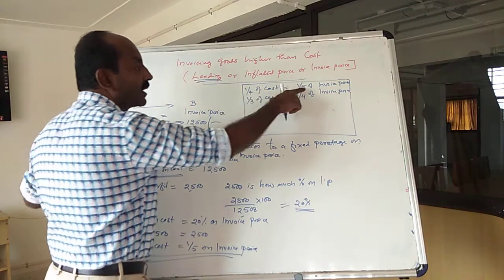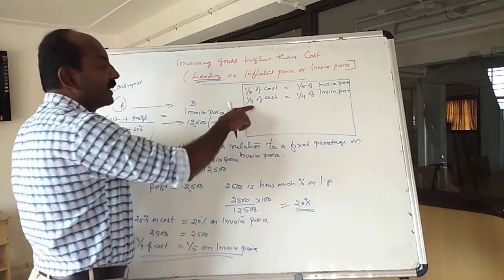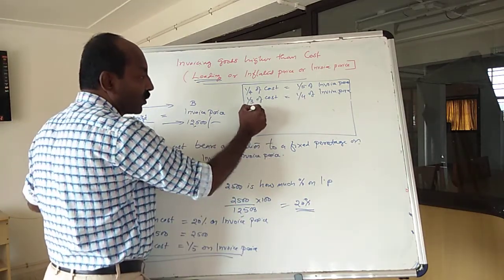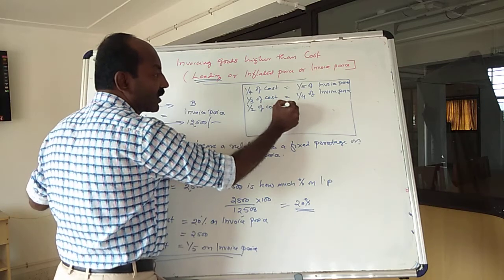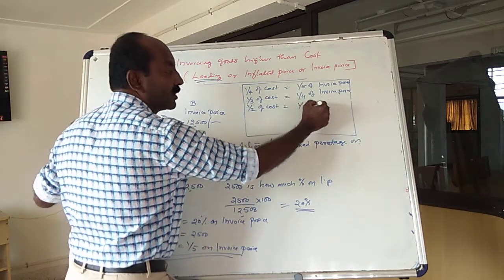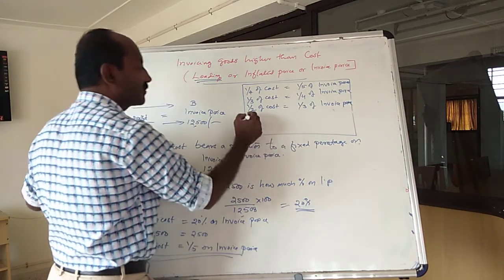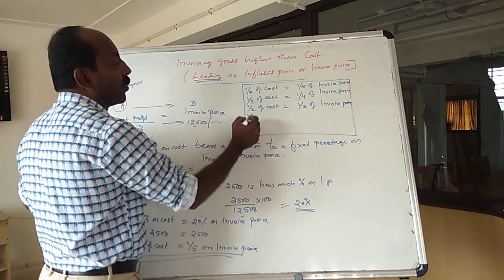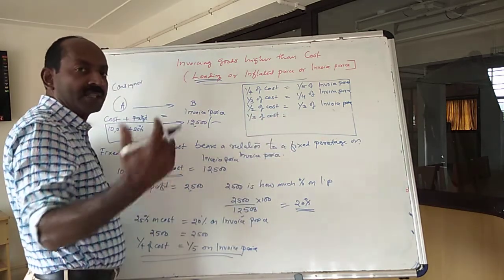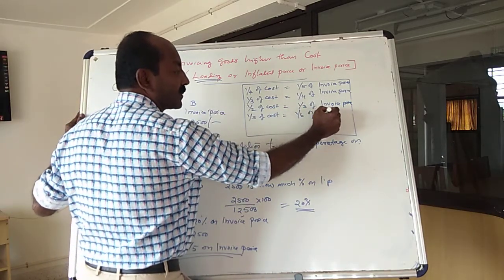Similarly, the denominator is just 1 more here. If it is so, 1 by 2 of cost is equal to how much of invoice price? 1 by 3 of invoice price. 1 by 5 of cost is equal to how much? Very simple, 1 by 6 of invoice price.